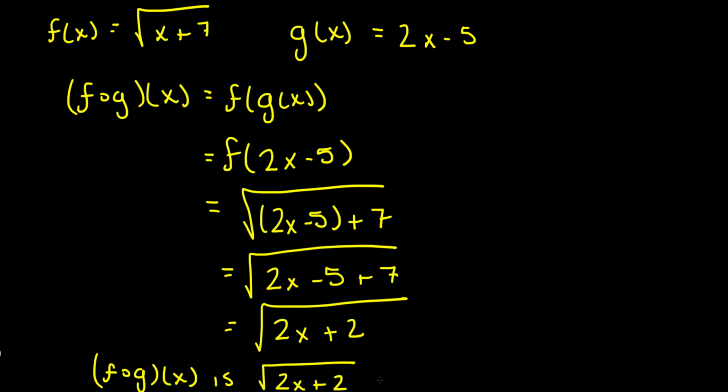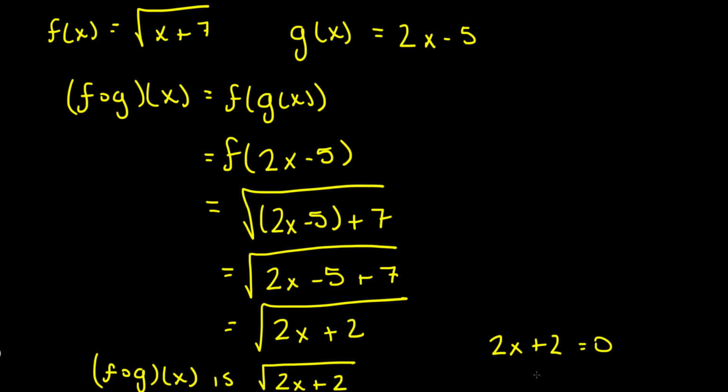And my domain for this is, again, you cannot have a radical that is less than 0. You can't make this a negative radical. So my radicand here in the radical cannot be less than 0.